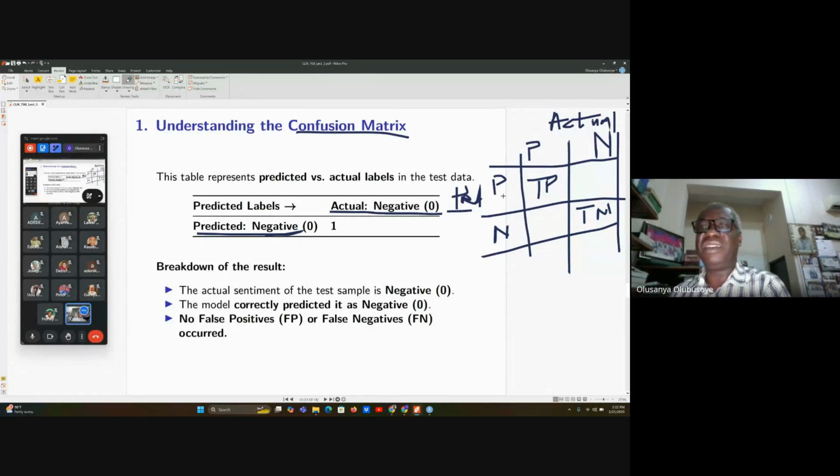But if you predict positive, this is your prediction, you predict positive, but they are actually negative, we call this one false positive.